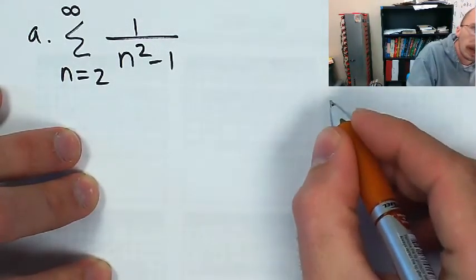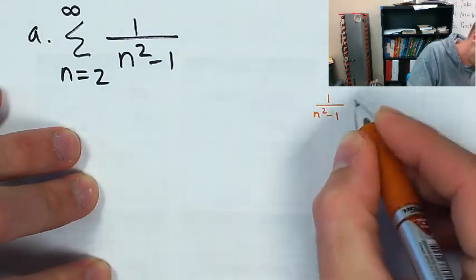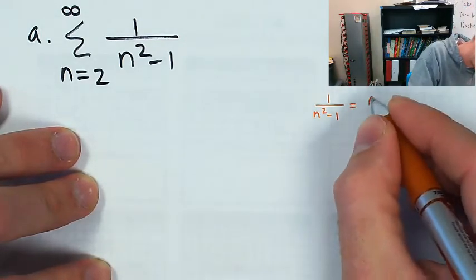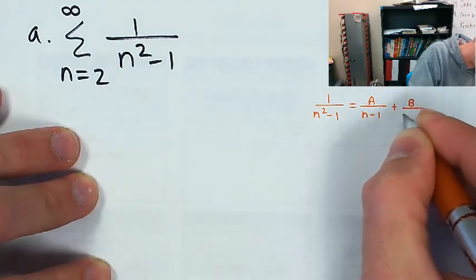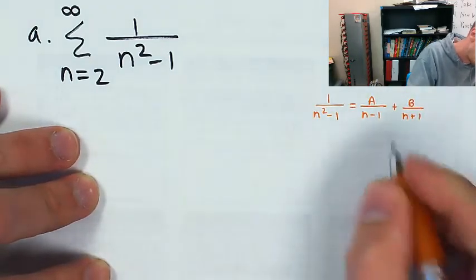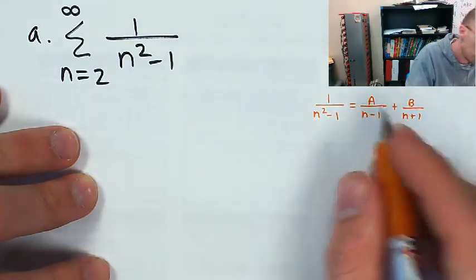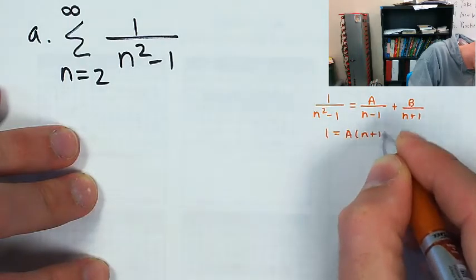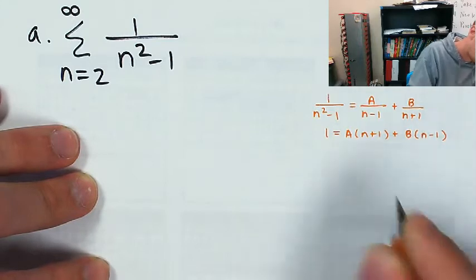I know that 1 over n squared minus 1, n squared minus 1 can factor into n plus 1 and n minus 1. So I'm going to call that some number over n minus 1 plus some other number over n plus 1. Then I can multiply both sides of this equation by n plus 1 and n minus 1, and I can say that 1 is equal to a times n plus 1, plus b times n minus 1.